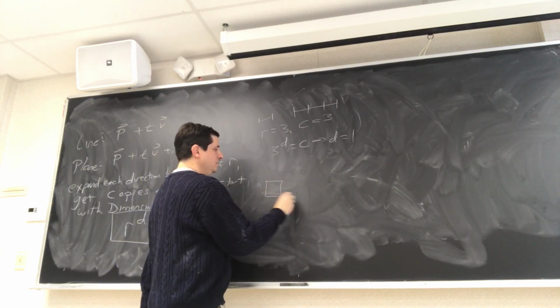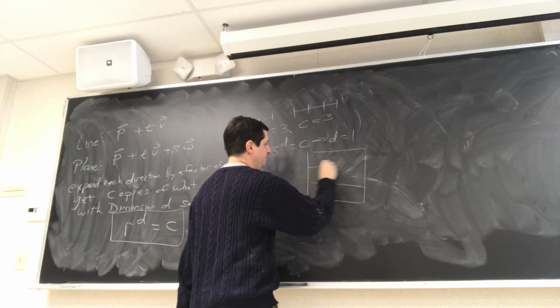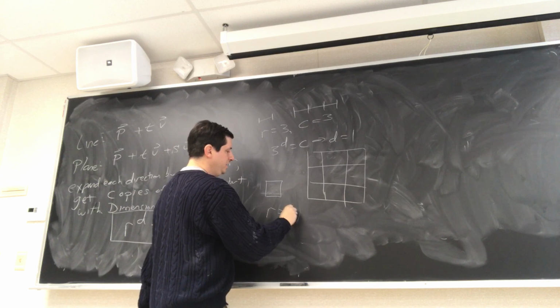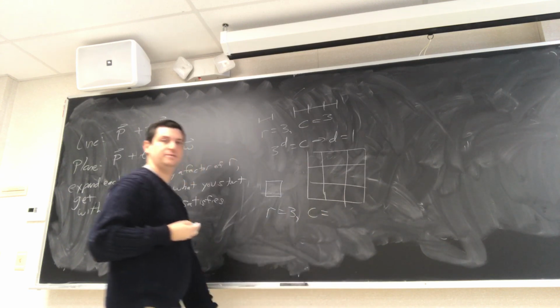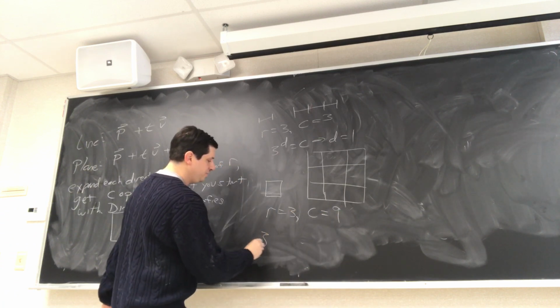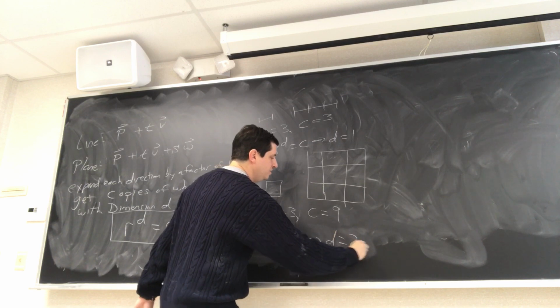Let's look at a square, and let's triple everything. So again, r equals 3, but now how many copies do we have? 9. And when you try to solve 3 to the d equals 9, what a shock. D equals 2.